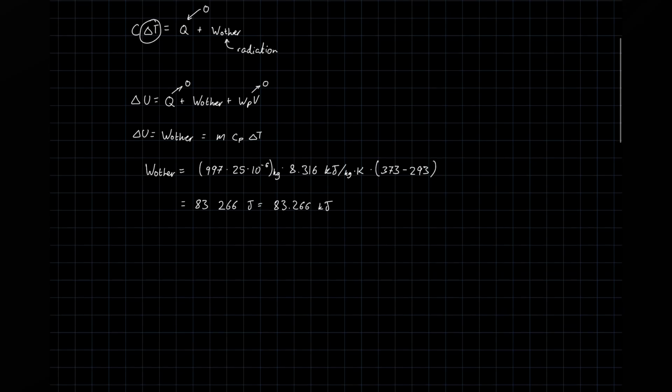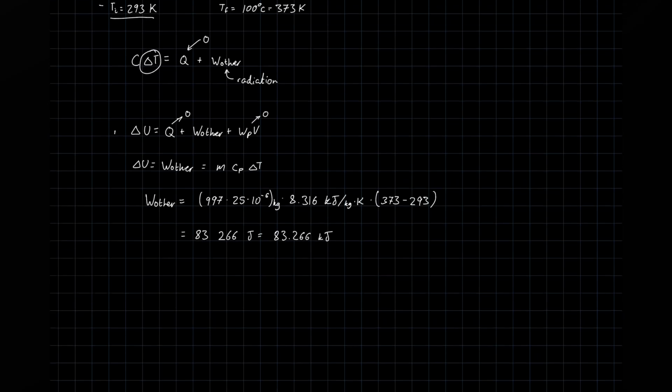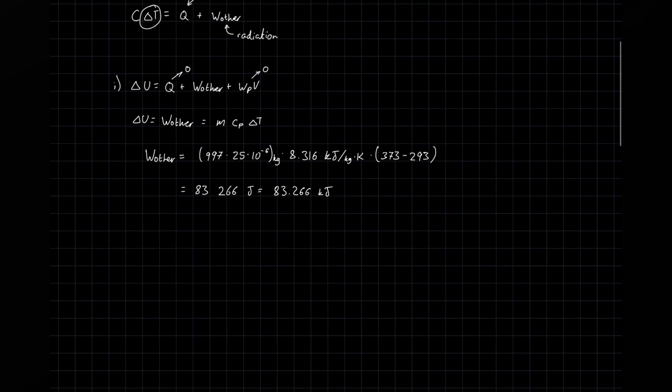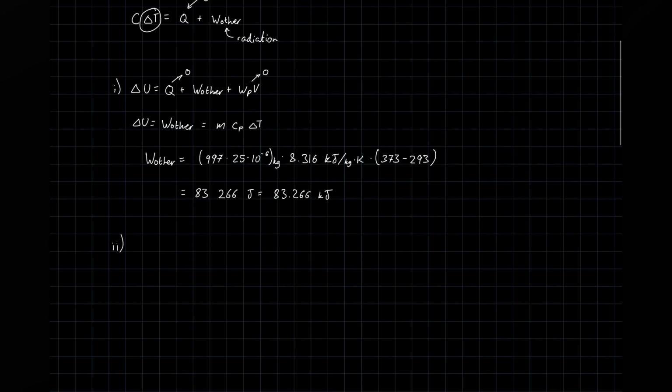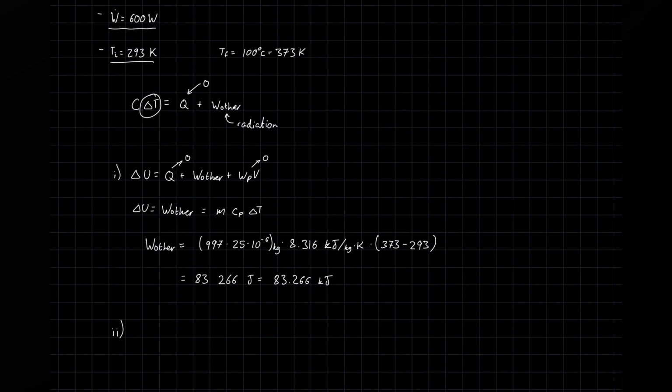Now, we need to calculate the amount of time that it will actually take for the microwave to do all this work. And the good thing is that we've got the work rate.